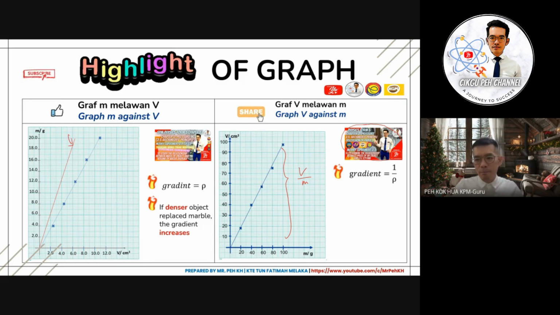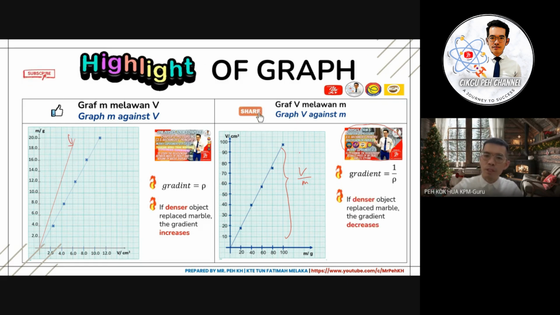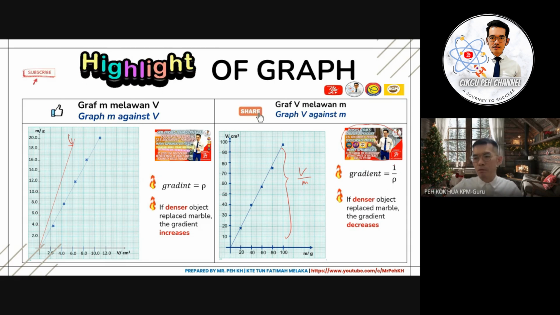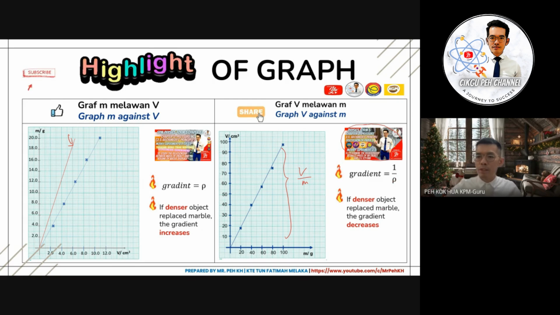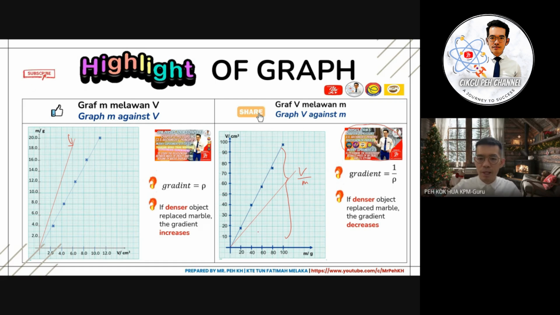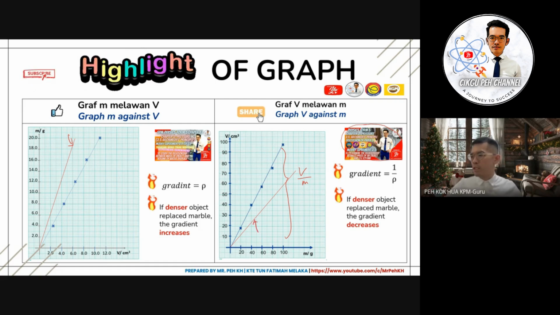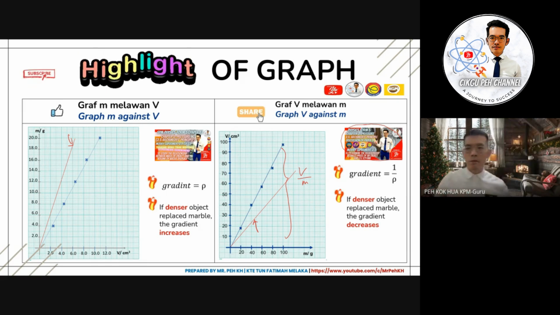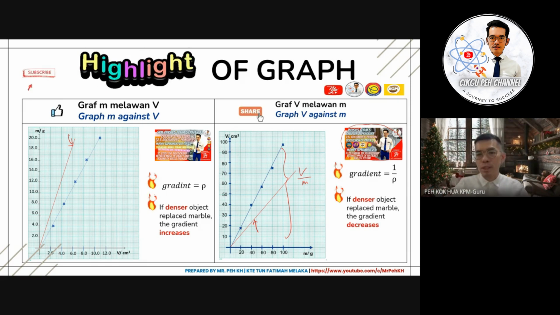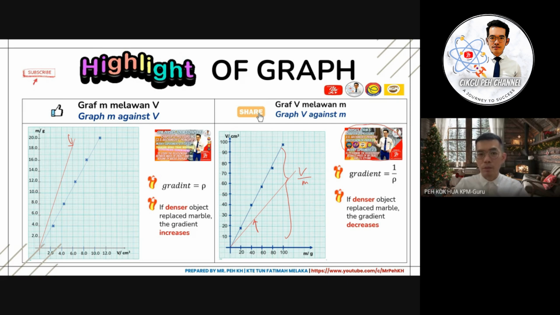On the other hand, if we use the graph V against M, where the gradient represents 1 over density, then with a denser object replacing the marbles, the gradient will be smaller. So this will be the red line here. This is the discussion regarding these two types of graph related to the subtopic of Archimedes principle.